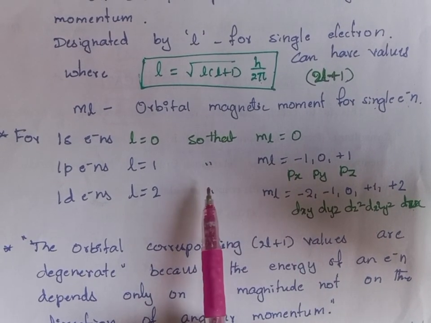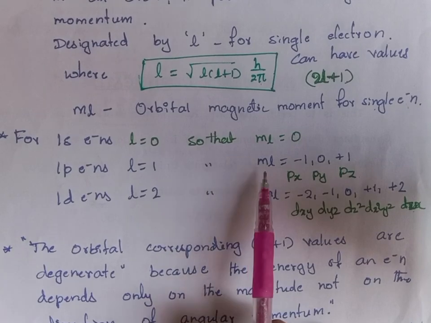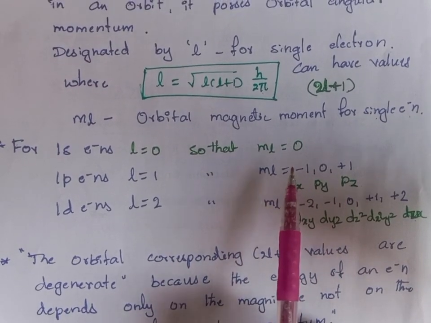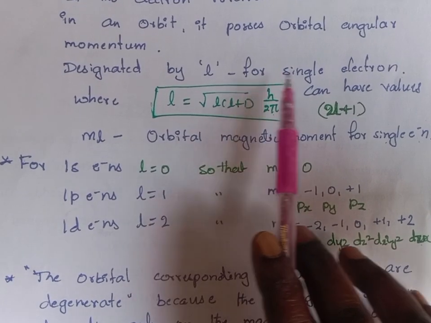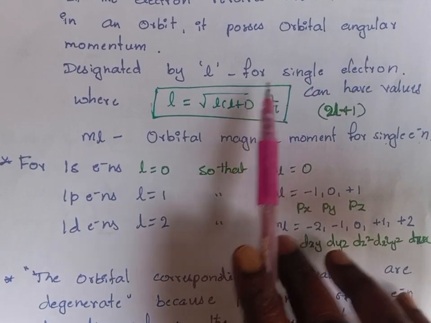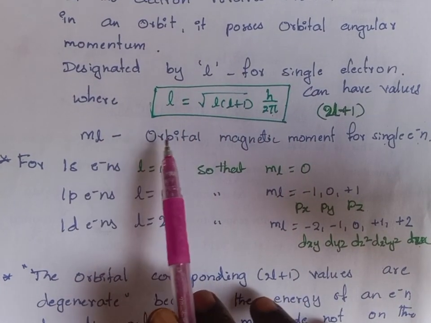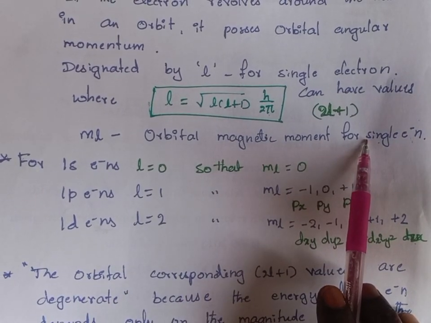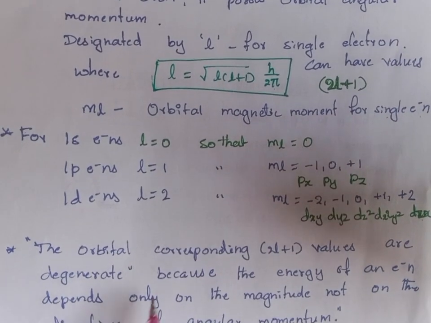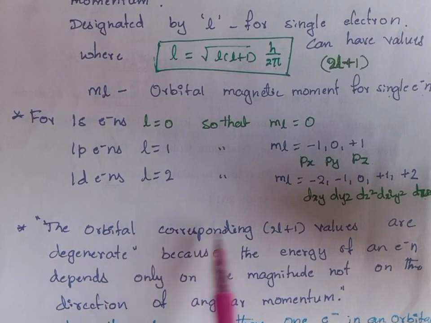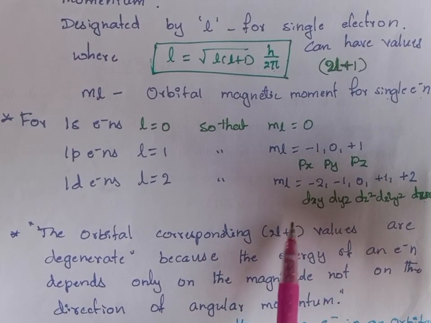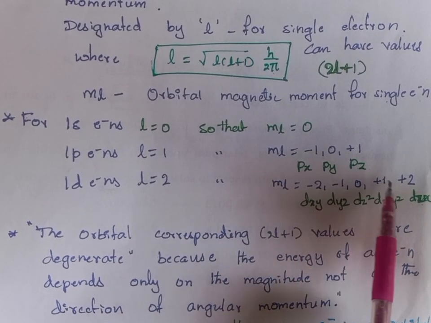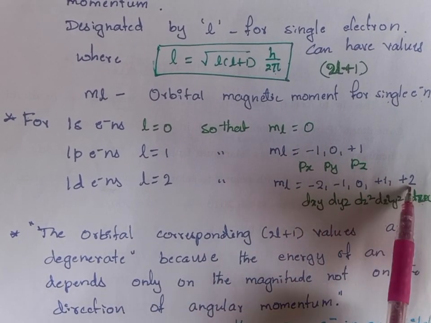So this is about a single electron revolving around the nucleus possessing orbital angular momentum. Small l is the orbital angular momentum for a single electron and small ml is the orbital magnetic moment for a single electron. The orbitals corresponding to 2l+1: if l equals 2, the d orbital will have 5 values, so 5 d orbitals.